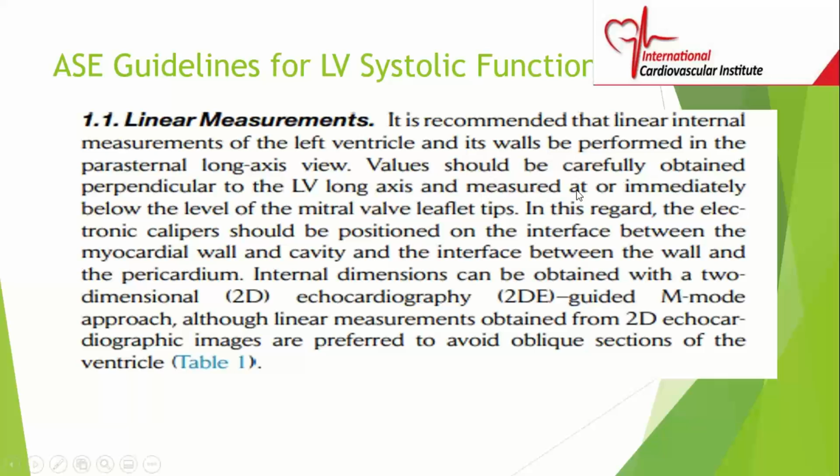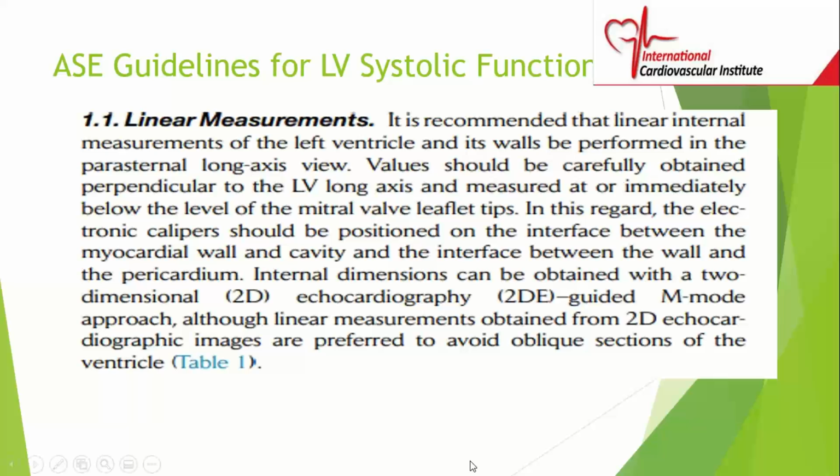You're going to do your measurement at or immediately below the level of the mitral valve leaflet tips. In this regard, the electronic caliper should be positioned at the interface between the myocardial wall and the cavity, and the interface between the wall and the pericardium. So basically, if you're measuring the septum, you measure from the uppermost portion of the septum to the lowermost.